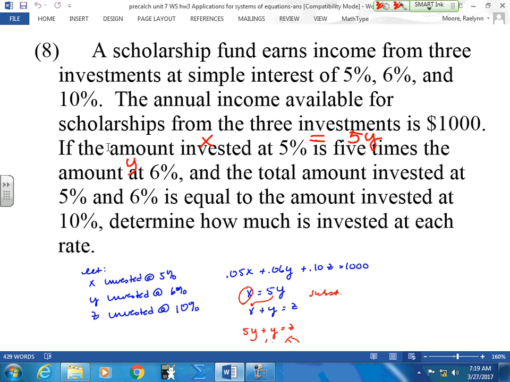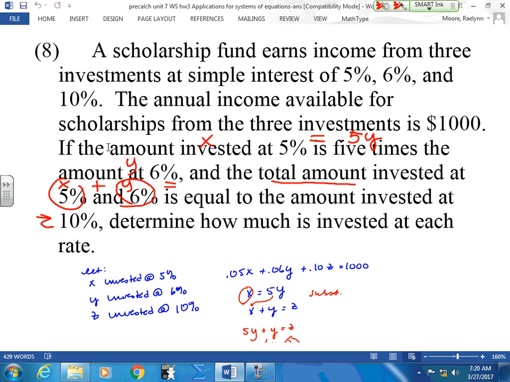That's your second statement. When the total invested at 5 and 6 is equal to the amount invested at 10. So my 0.05x plus my 0.06y is equal to my 0.10z. Oh, sorry, the amount invested.